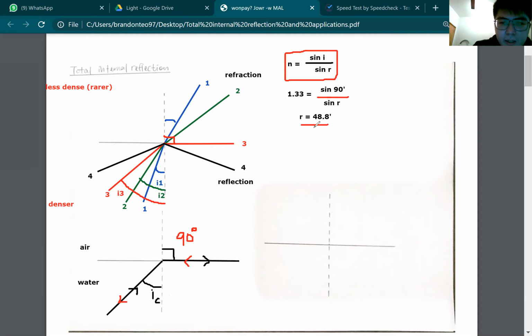So the critical angle of water, IC, is 48.8 degrees.